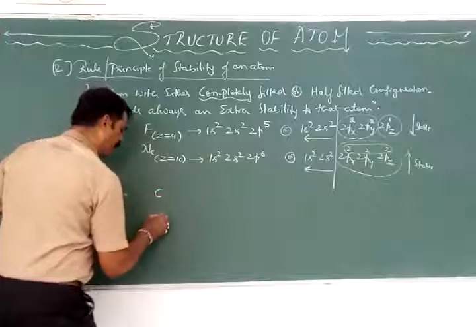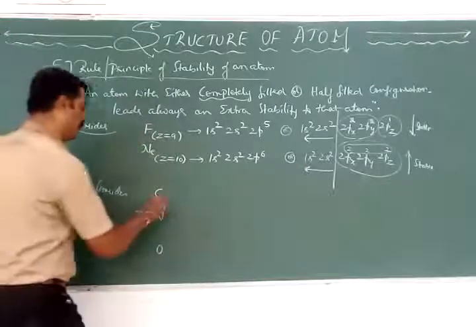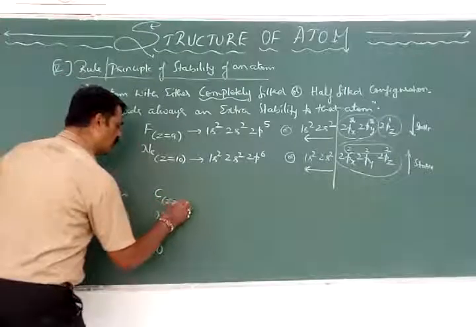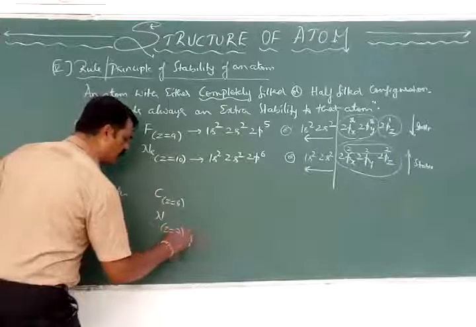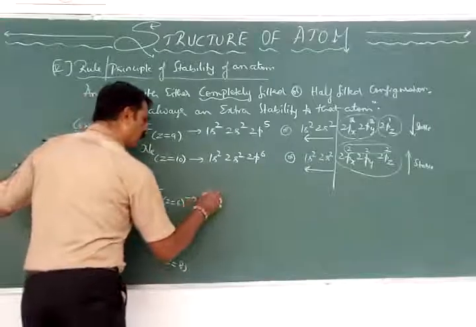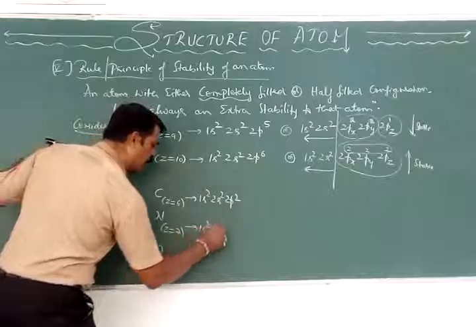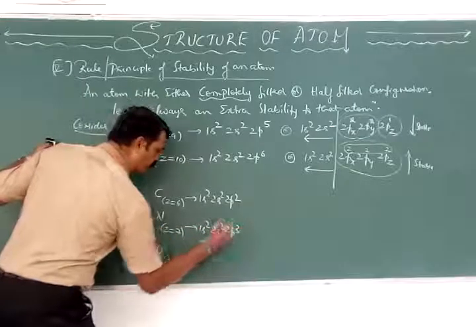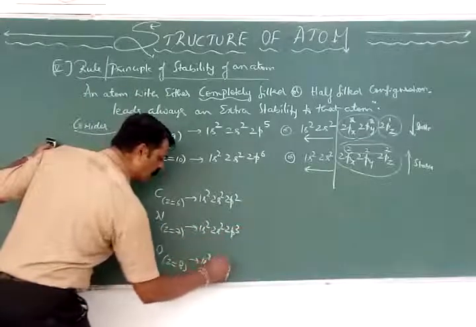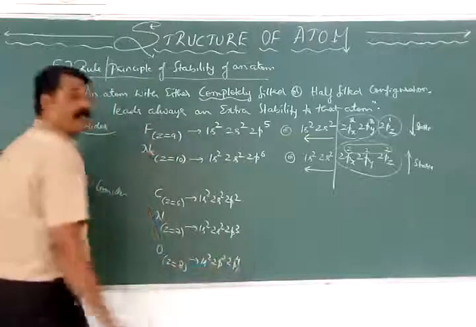Similarly, consider carbon, nitrogen, and then oxygen. Z is equal to 6, Z is equal to 7, and Z is equal to 8. I will write that as 1s2, 2s2, 2p2; 1s2, 2s2, 2p3; and 1s2, 2s2, 2p4.